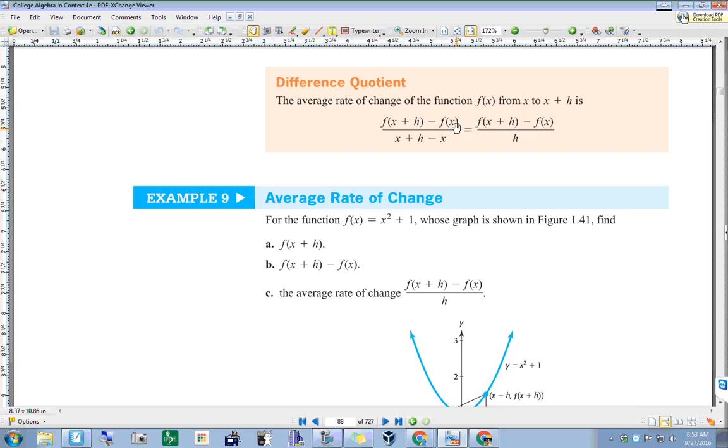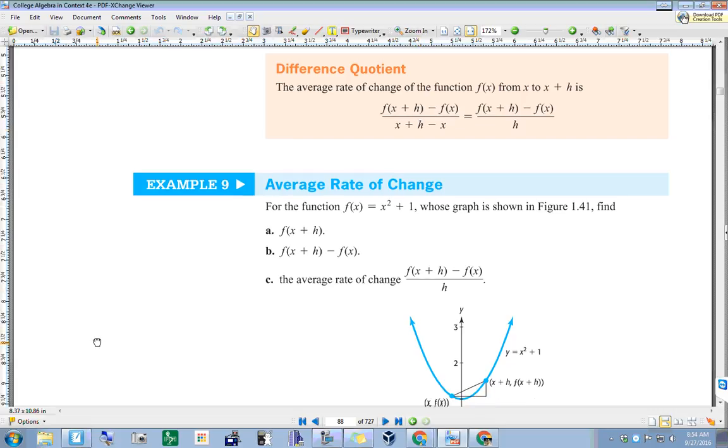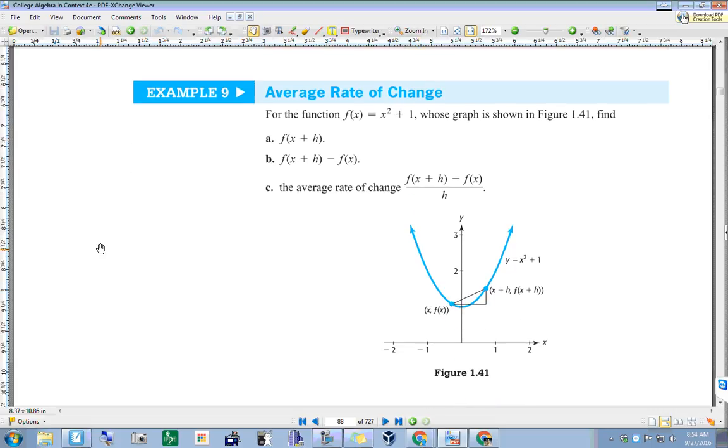So f of x is our original function, f of x plus something. Something's changed, different point, different coordinate. That's what it looks like. What we are going to do with this is just simply use it to go through and answer questions.